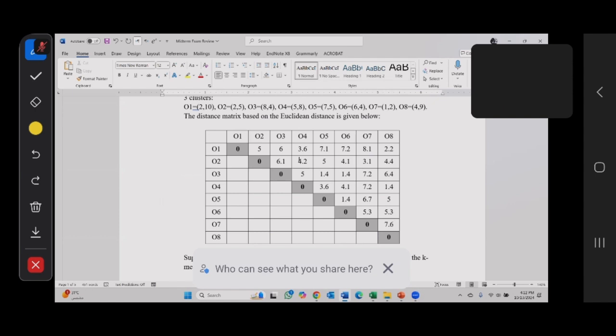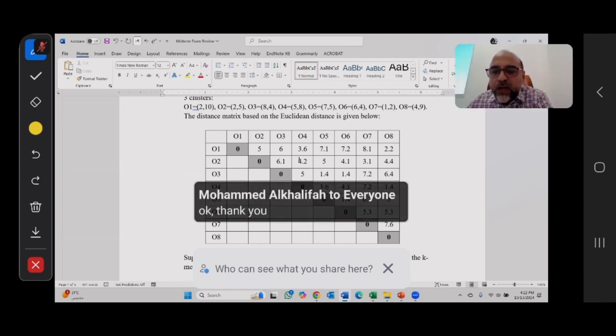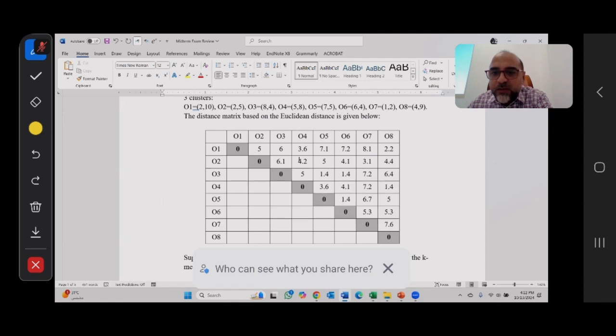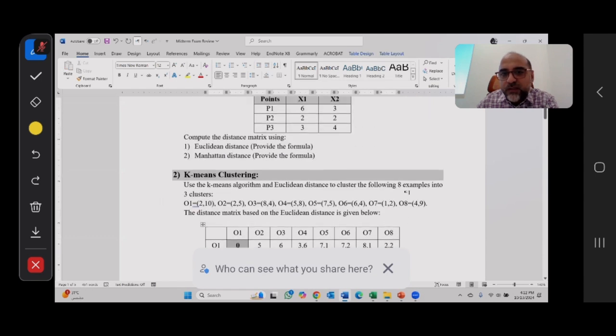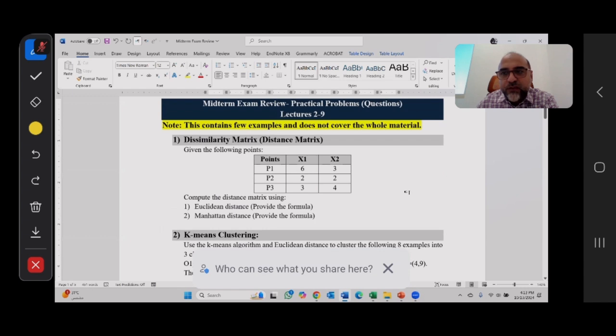Okay, sure, but let's plan. Let's first discuss between yourselves what exactly you want me to revise, k-means, k-medoids, anything, and then we can do it before the exam. Anything else? I think we are good, because these are just more examples from what we have done in k-means. You have already seen it.